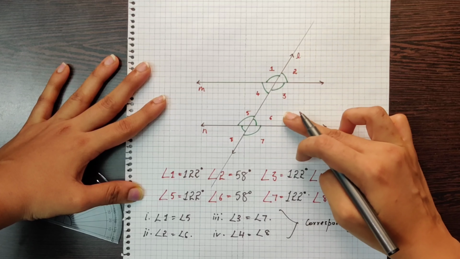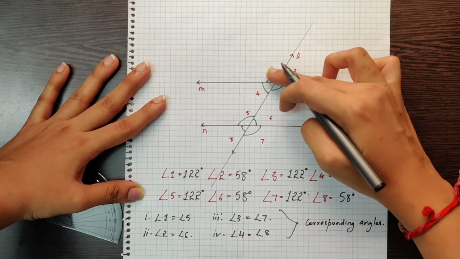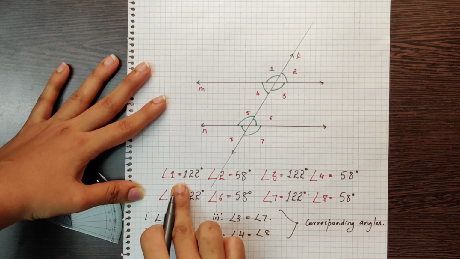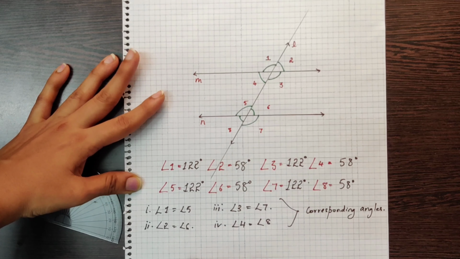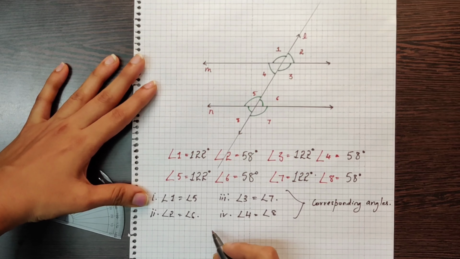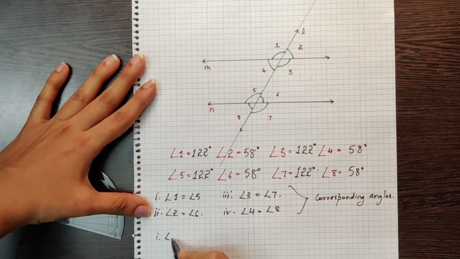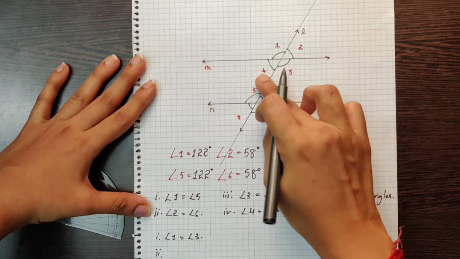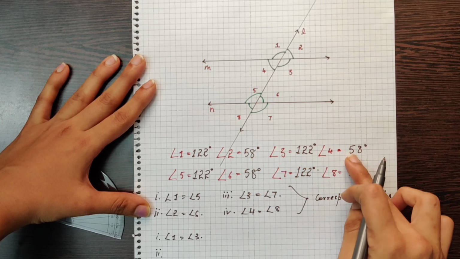Also, one more observation: we have learnt that when two lines intersect at a point, the vertically opposite angles are equal. So angle 1 is equal to angle 3. Second observation, angle 2 is equal to angle 4.